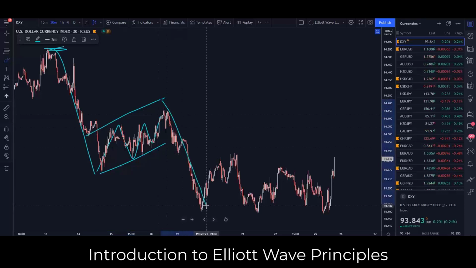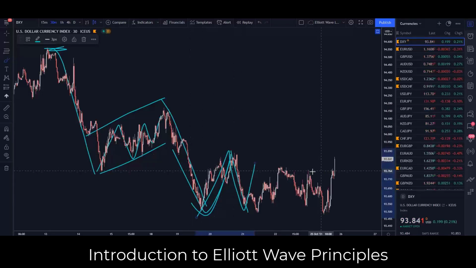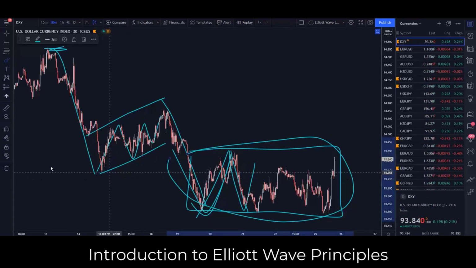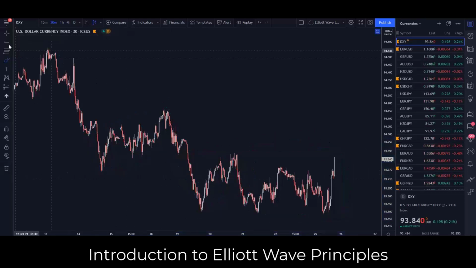It came down very strong. It went up a little bit strong as well. It came down strong. So this is basically quite a few impulses together. And if you start to combine them as a whole, you group them up, then this is basically a correction. So impulse and correction, the principle works in multiple time frames. It works in any chart as long as you have a technical price move.